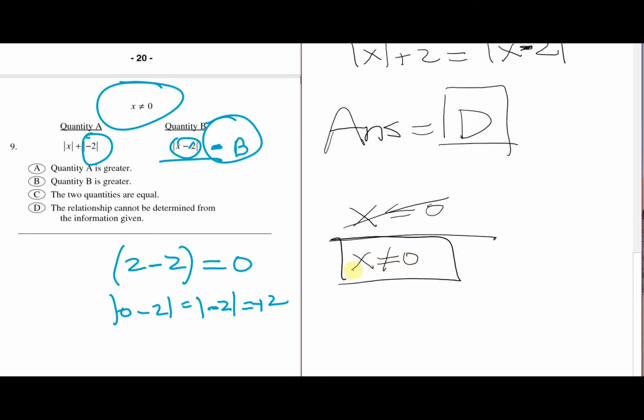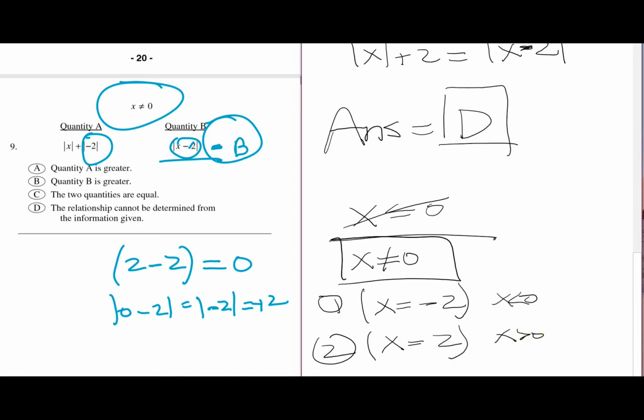So that's the key information that you need to consider when solving this problem. You can also just plug in numbers: take case 1, x equals negative 2, and case 2, x equals 2. So this is x less than 0, x greater than 0, and then you go from there.